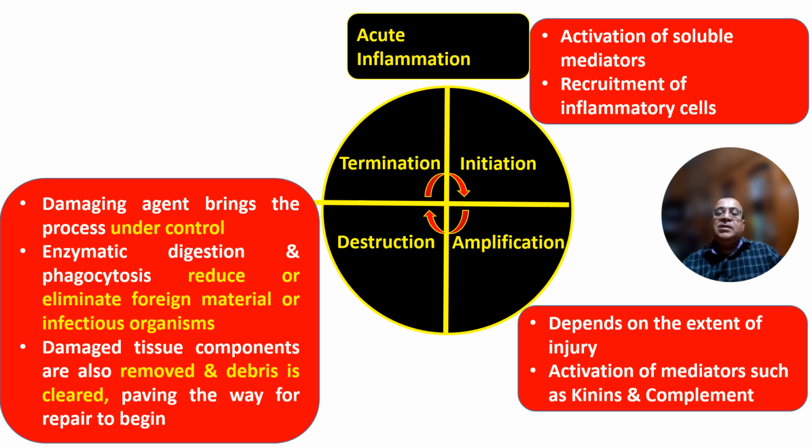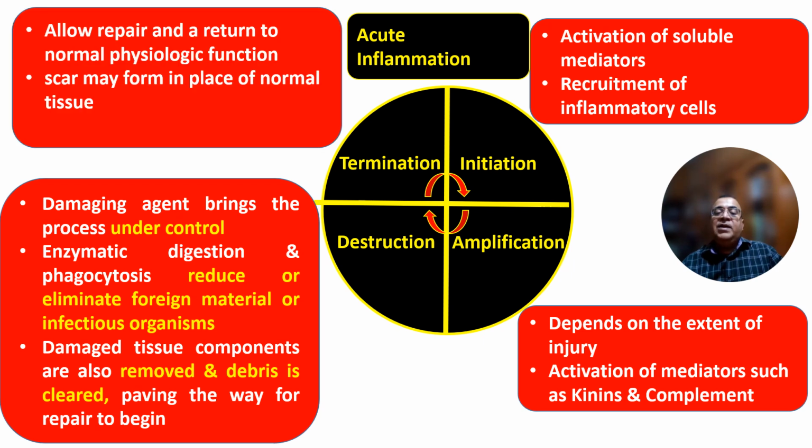And then the process of repair starts simultaneously. Finally, this is terminated and now the body tissue area is allowed to repair and it is returned to its normal physiologic state. If there is a severe, large area of injury, a scar may be formed.